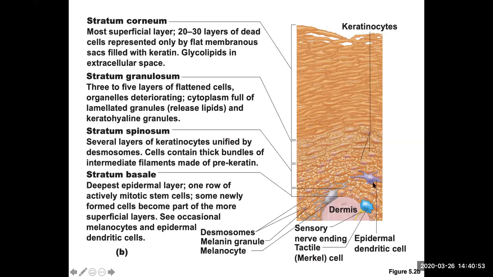We've got one of those epidermal dendritic cells that I keep mentioning. So this guy is basically going to be distributing those melanin granules that are produced by the melanocyte throughout the rest of the epidermis. And here is a little sensory nerve that does extend up into the epidermis from the dermis.